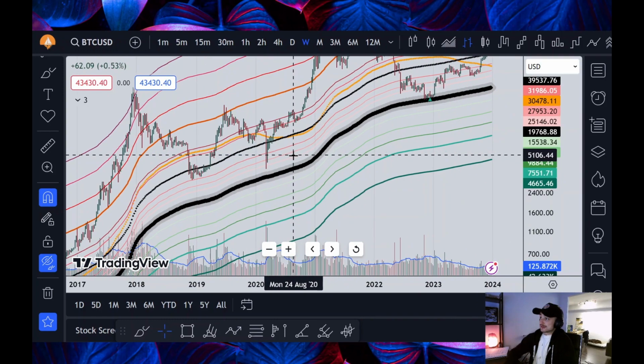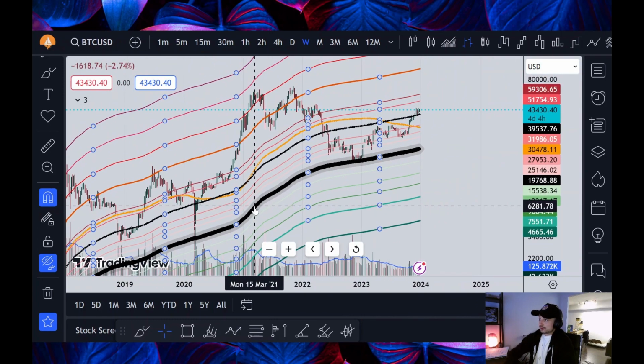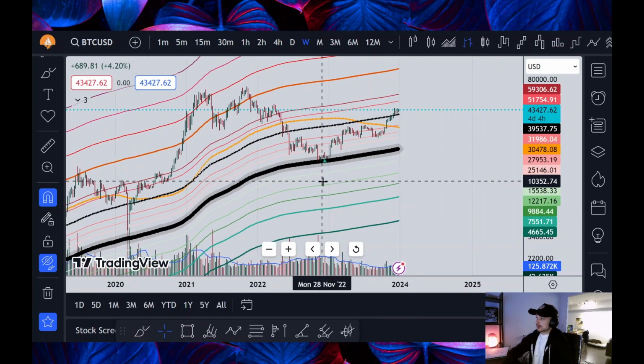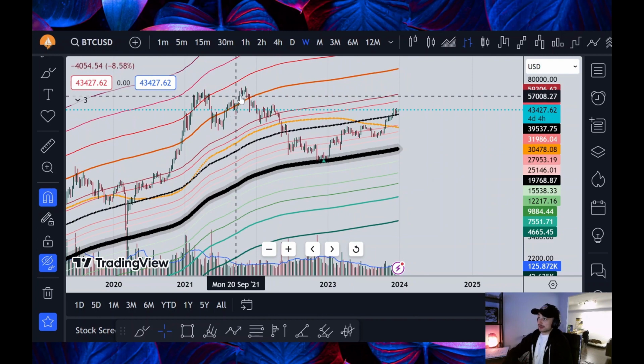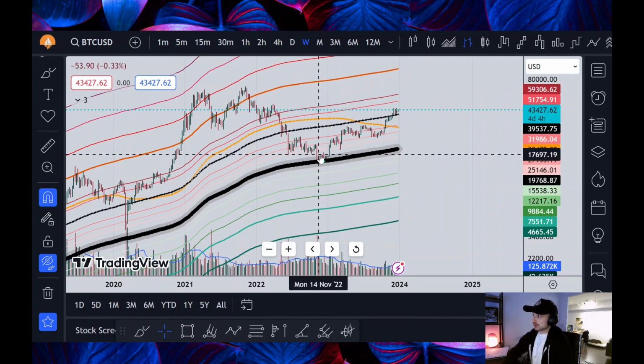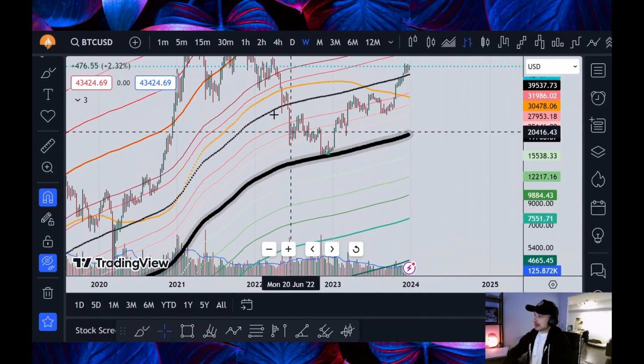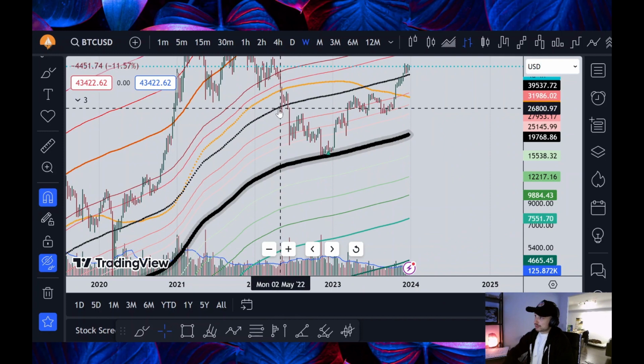Now if we come a little further up in time and get closer to the last bear market, when we came up into 60K and then sold off into 16K, where did that support come in? Well, look at where it came in. It actually broke through the thin black line, which is the pi times 2.